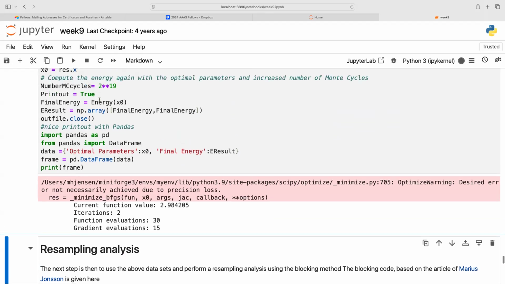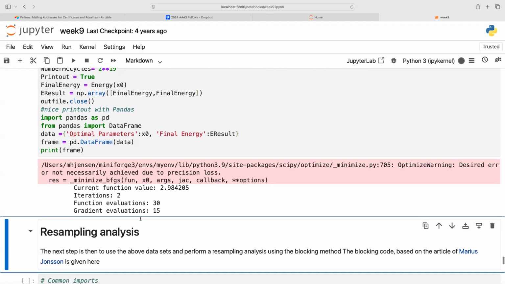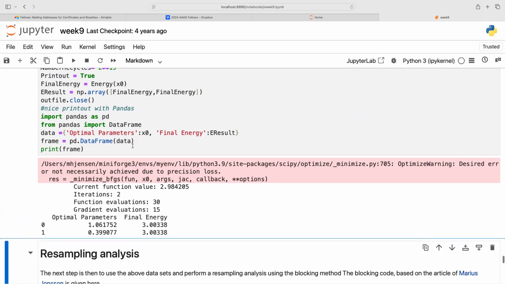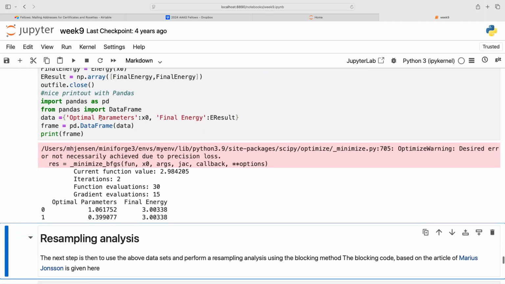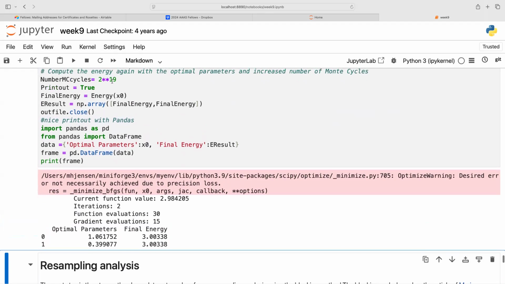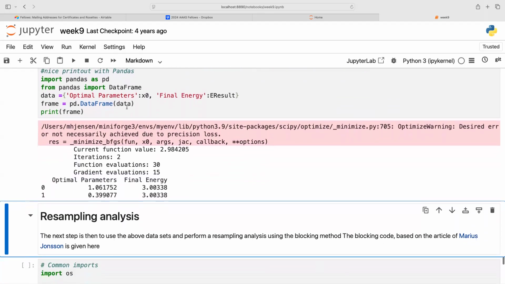And now it's running the final Monte Carlo calculation with just the optimal parameters, which I found from these calculations. You have the optimal parameters here, and this is the final energy. But then I'm going to run now a calculation with 2 to the 19 Monte Carlo cycles. And then it's going to produce the final results.